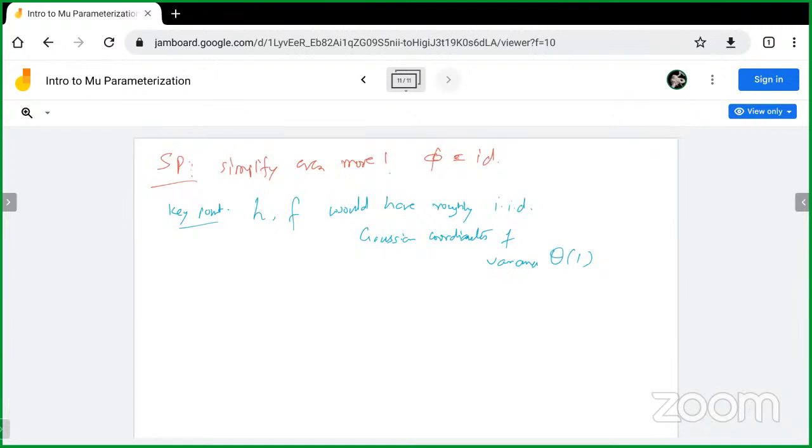To find the feature kernel, we take x_t(θ) transpose x_t(θ'), divided by n.